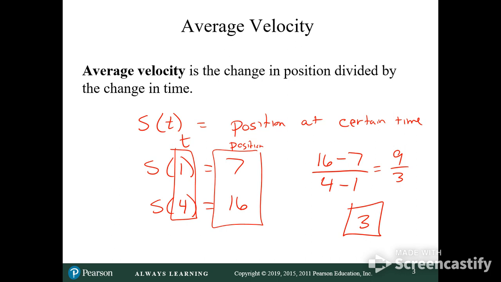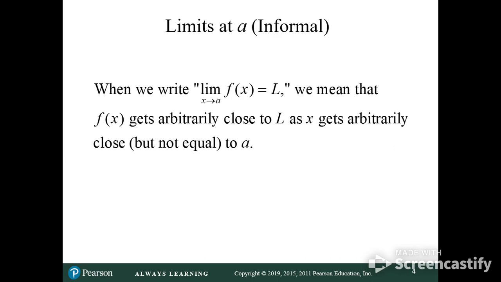Okay, average velocity. Okay, a limit. A limit is as you get really, really close to a point, that number approaches some number. So as we get close to this x-axis, this goes up and is an asymptote, so it approaches infinity.